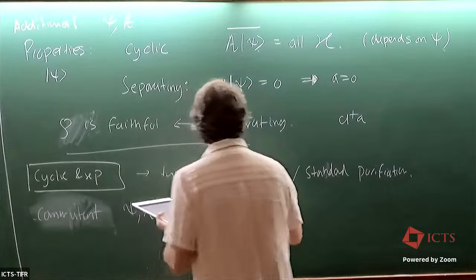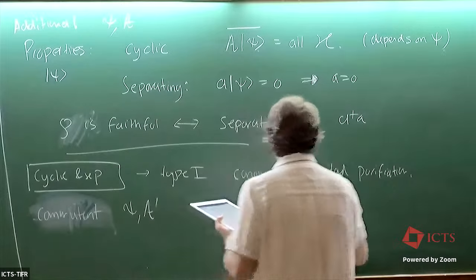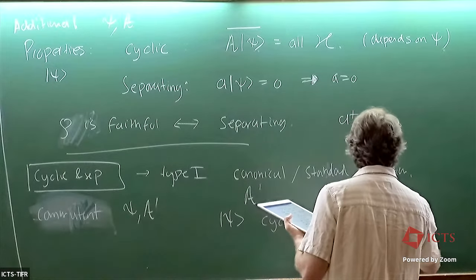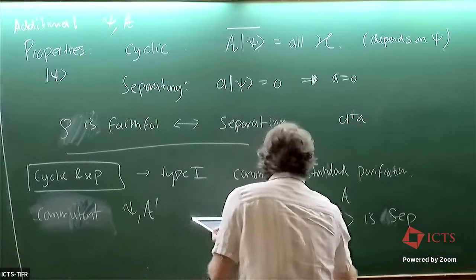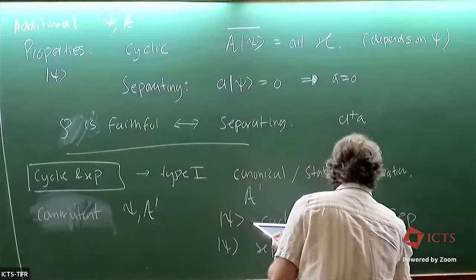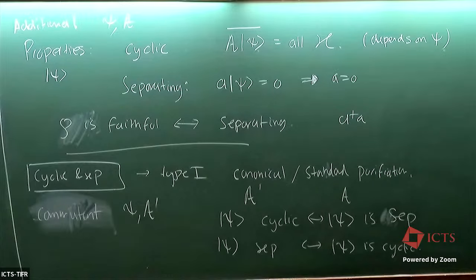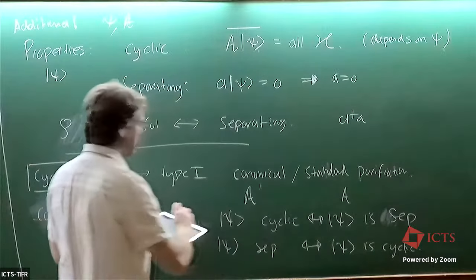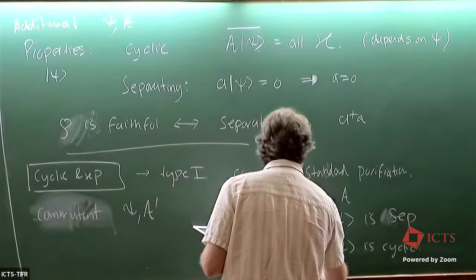In particular, psi is cyclic for A if psi is separating for the commutant, and psi is separating for A if psi is cyclic for the commutant. So there's some symmetry between these properties. This is actually not very hard to show, but I'm going to skip it for time. If you look at my notes, you can see an example of how to show this correspondence.